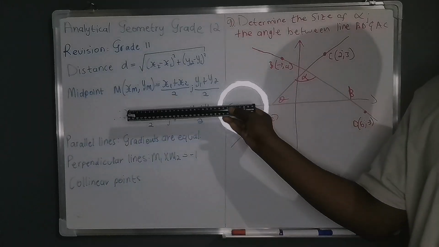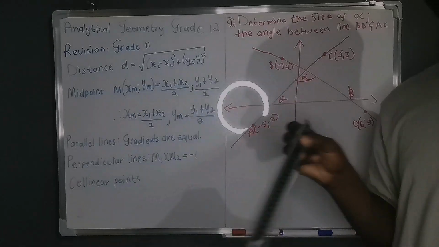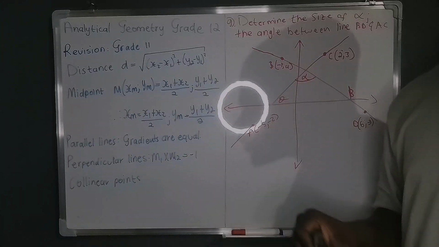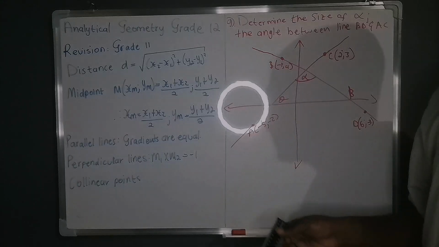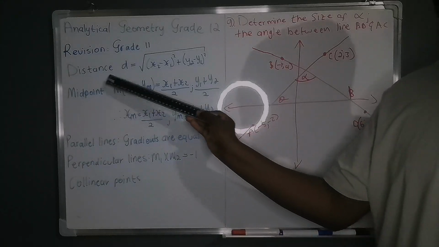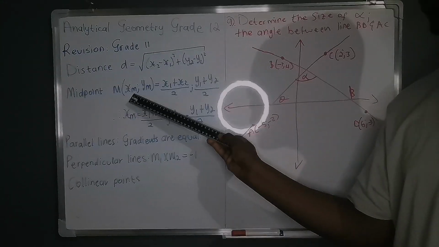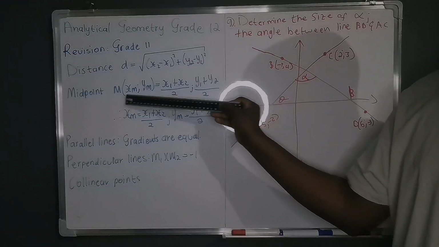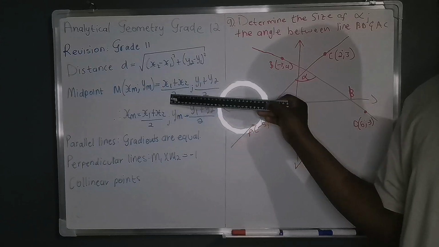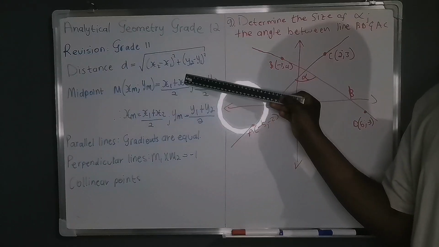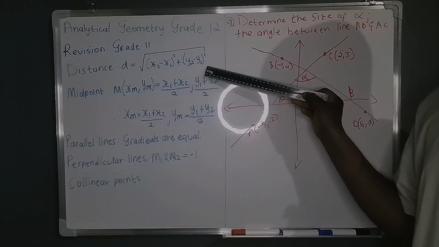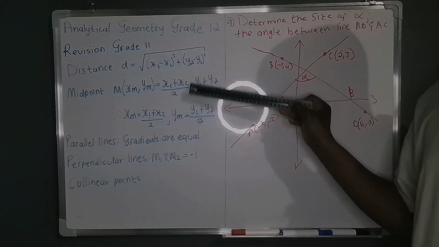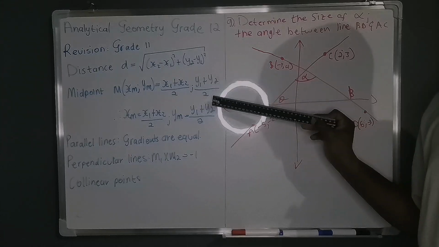You cannot apply this formula without being told this particular point is indeed the midpoint of this line. The coordinates of the midpoint are xm, ym. How do you find them? Using this formula: x1 plus x2 divided by 2, and y1 plus y2 divided by 2.